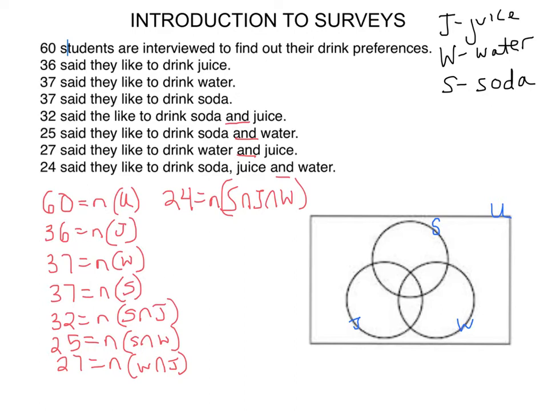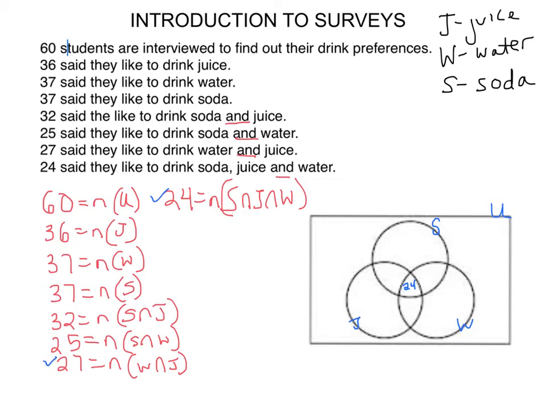So the smallest area that we have here is the intersection of all three. And so we know that there are 24 elements in the intersection of all three. We're going to put a check mark next to it to indicate that we've already used that piece of information.